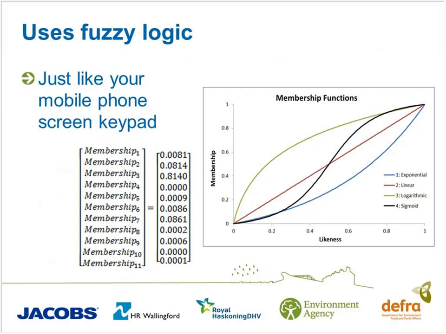So the principle behind it is that of fuzzy logic, and I think the easiest way to explain fuzzy logic is to think about the way that you punch numbers into your smartphone, and you'll be aware that sometimes you slightly miss hits, but most of the time the smartphone is reasonably friendly to you, and if you don't quite hit the center of the number on the pad or whatever it might be, or the letter, it works out which one you really meant to use.